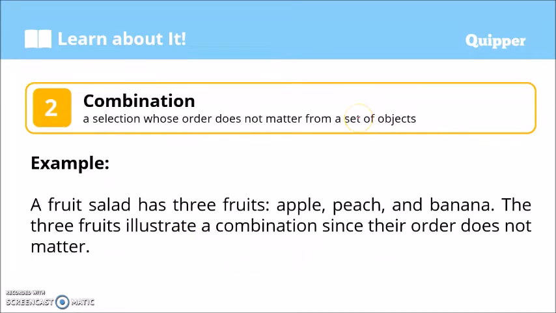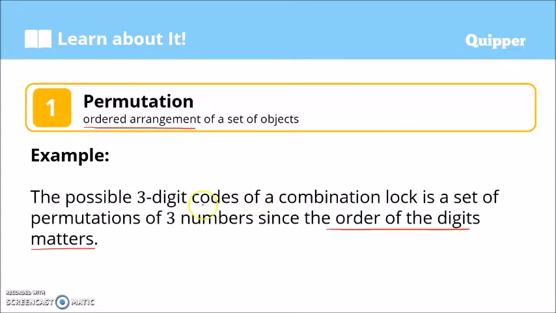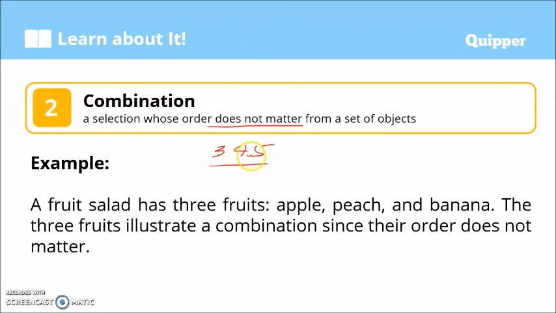Whereas, when we say combination, it's a selection of objects whose order does not matter from a set of objects. So, halimbawa, we take 3, 4, 5, that's one permutation. If we are going to talk about the 3-digit code sa permutation, this is counted as 1.